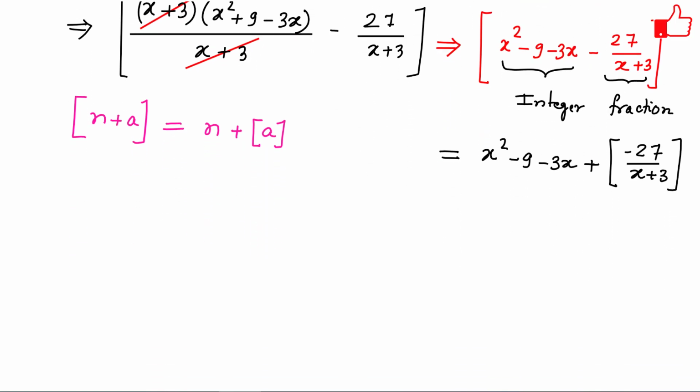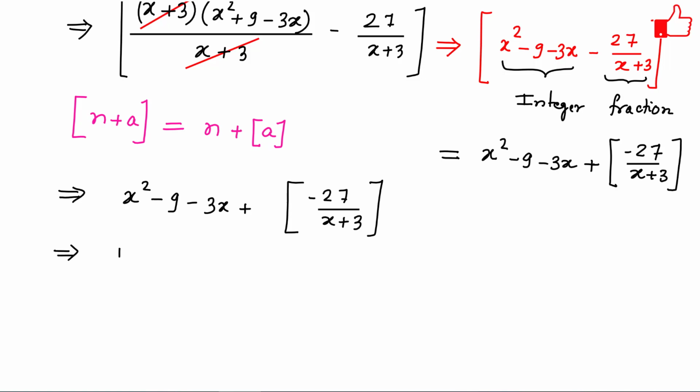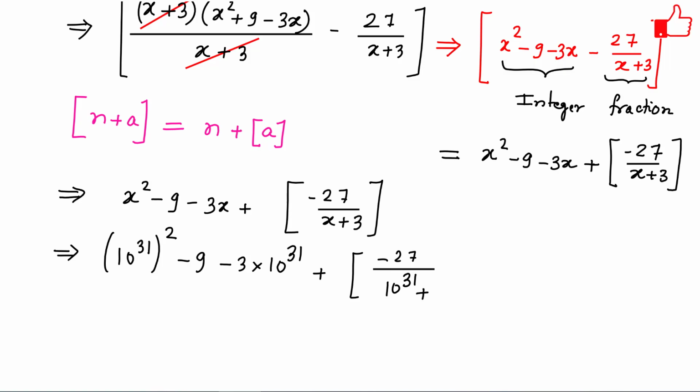Now let us try to see this. What is x? x is 10 raised to the power 31. So this becomes 10 raised to the power 31 whole squared, minus 3 times 10 raised to the power 31, plus 9, and this function, that is minus 27 divided by 10 raised to the power 31 plus 3.